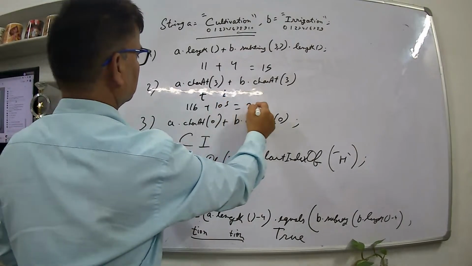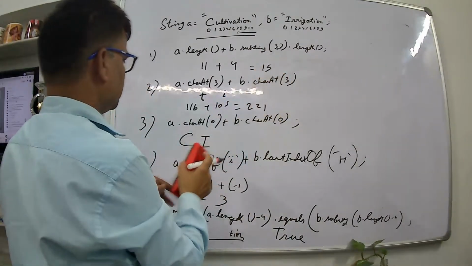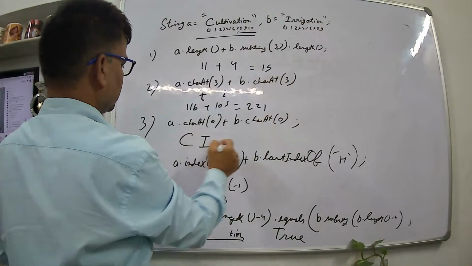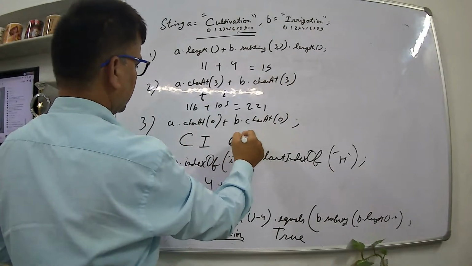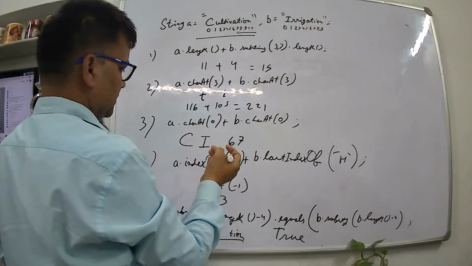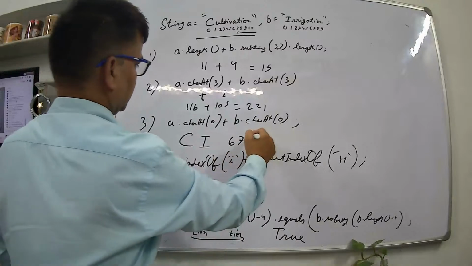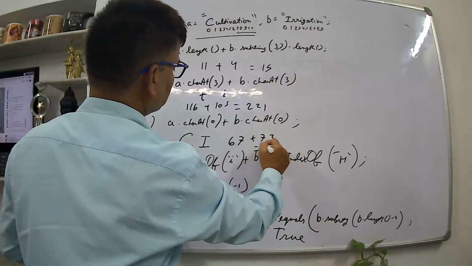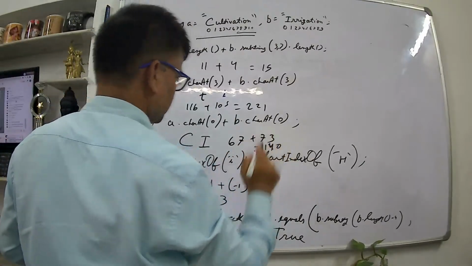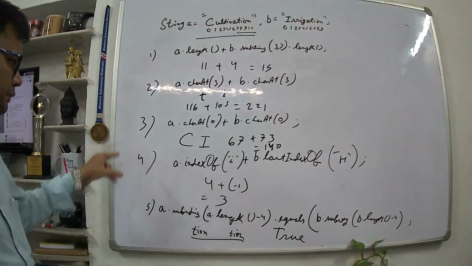So it will be, I think, 221 like that. Again, capital C is 67, and capital I is 73, so 67 plus 73 will be 140. Like this one I missed. Okay, so this is clear.